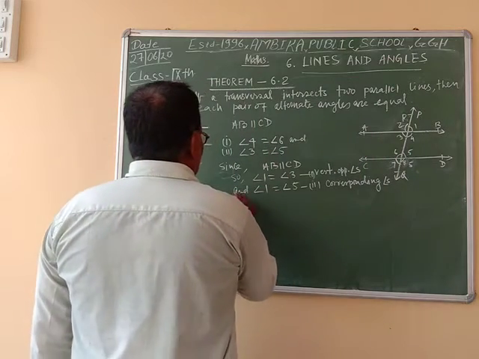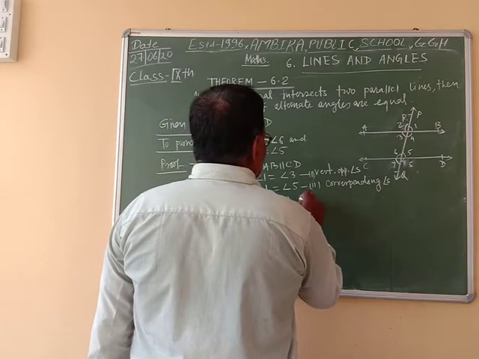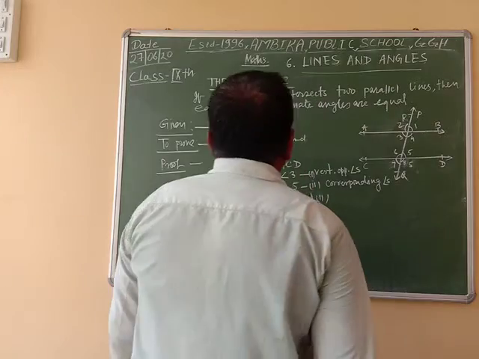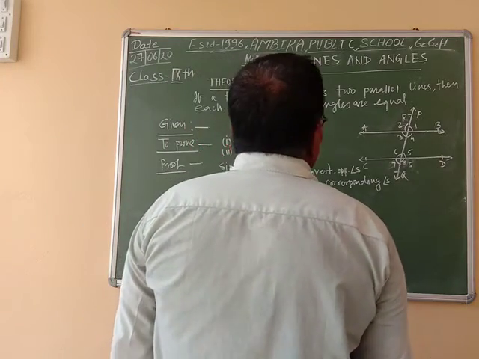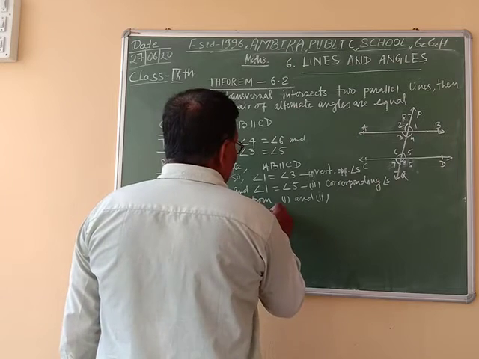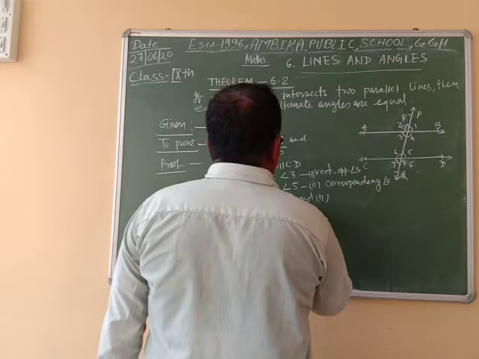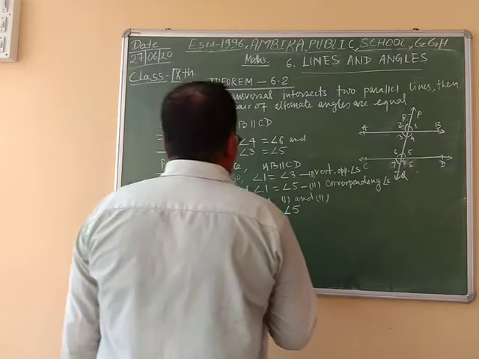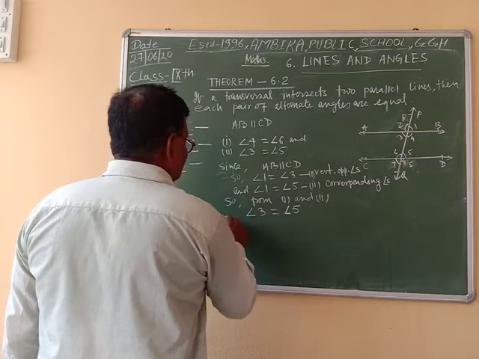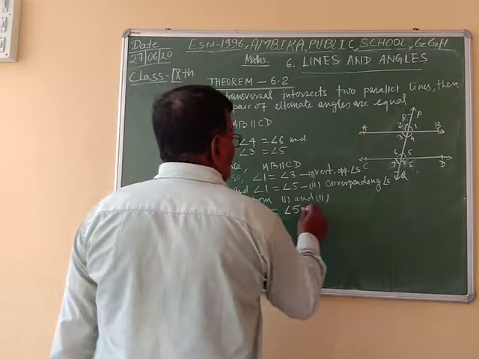So from 1 and 2, angle 3 is equal to 5. Angle 1 is equal to 3, proved.